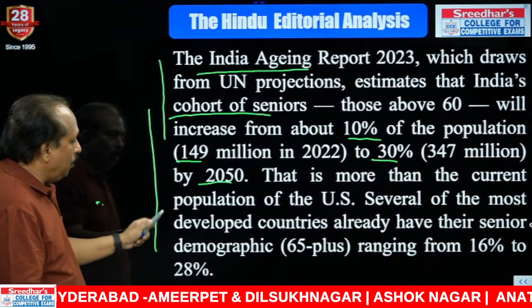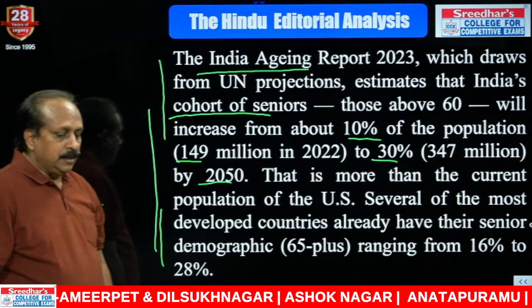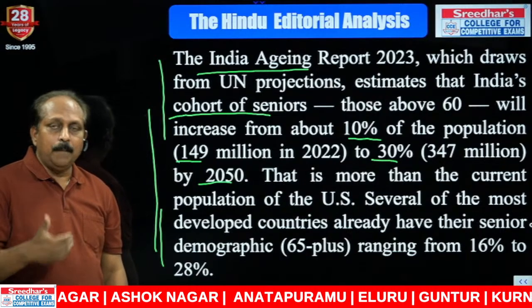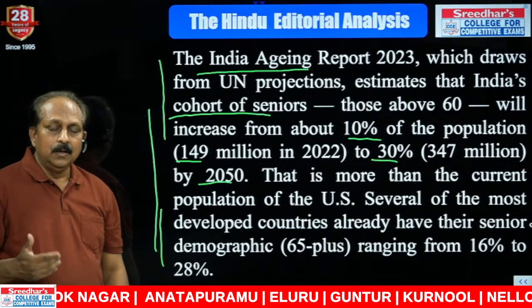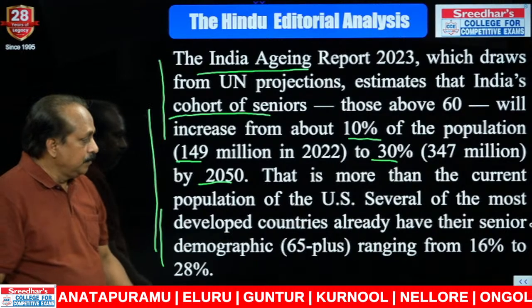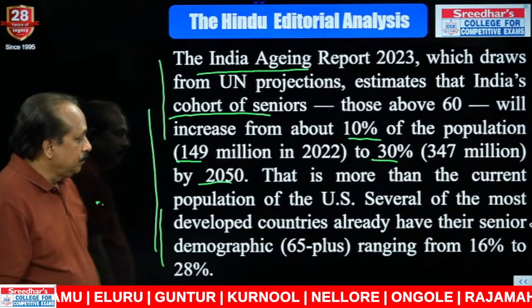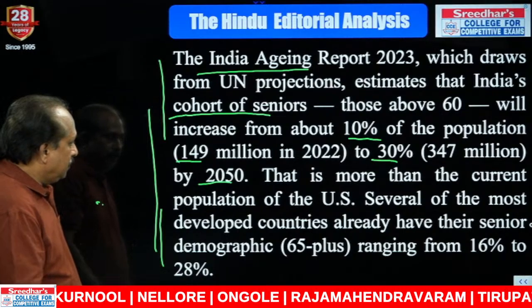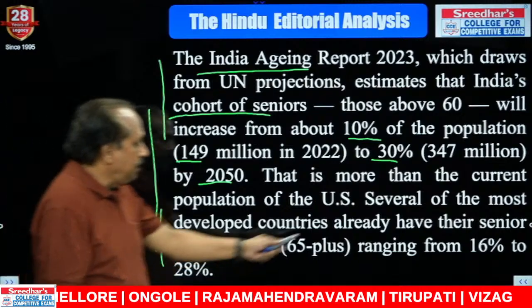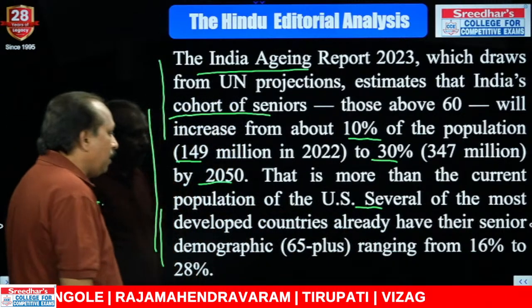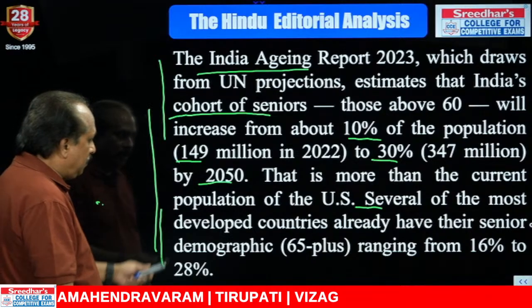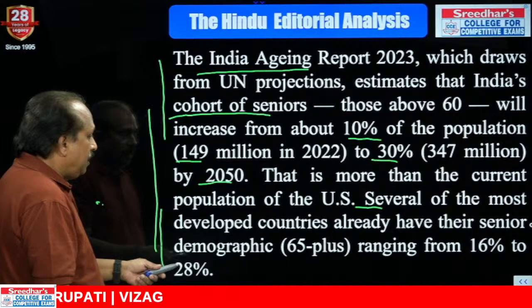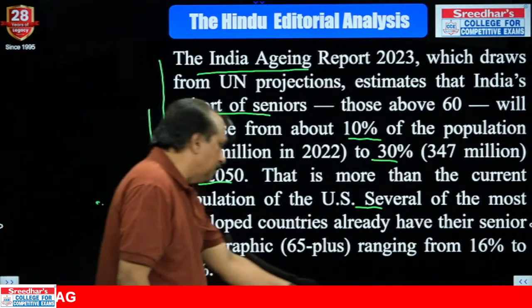Then the next two or three sentences talk about other countries, developed countries, what are their policies towards senior citizens and how are they managing. They also have the same problem. Coming to the next one: several of the most developed countries already have their senior demographic 65 plus ranging from 16% to 28%.